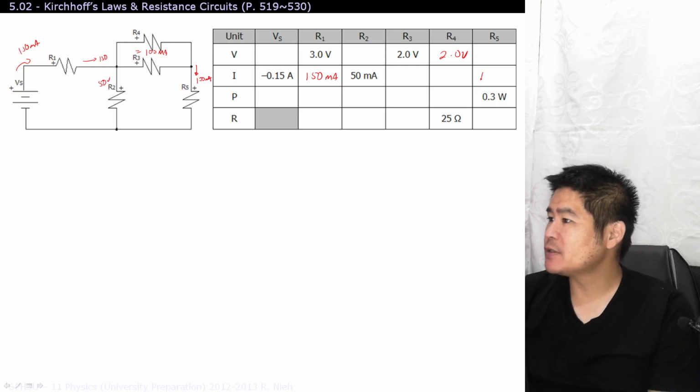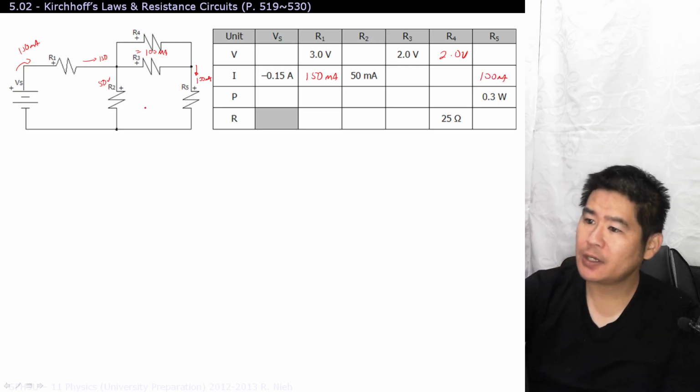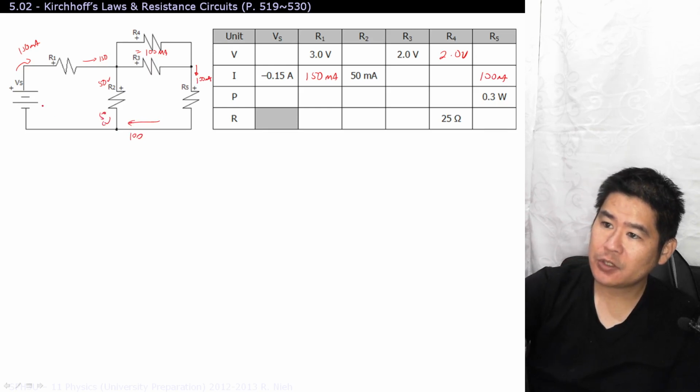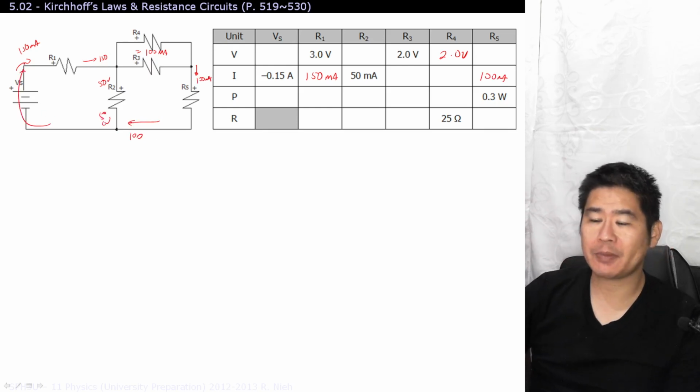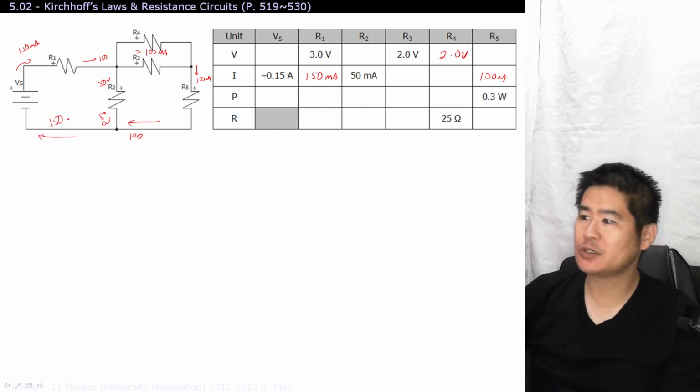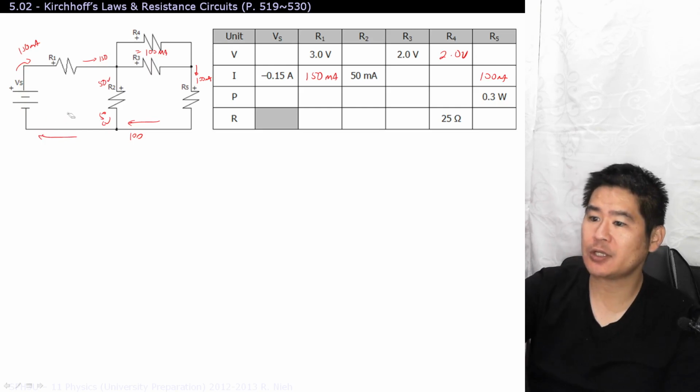So R5 is 100 milliamperes. And the math should work out because 100 plus 50 should equal the quantity returning back. Once again, with regards to Kirchhoff's current law, you can't have electrons disappearing. So whatever you start off with, you should have that many returning back. It's a good way to check your answers.